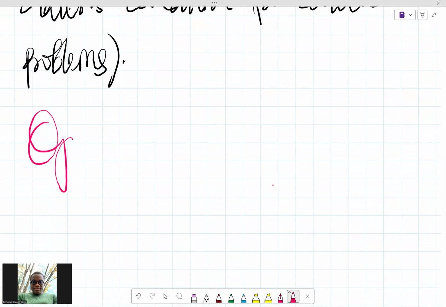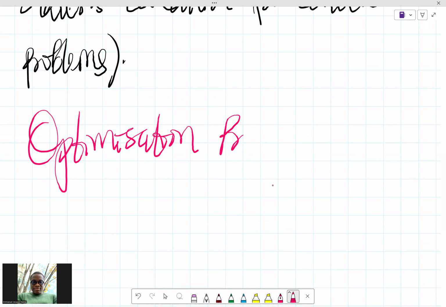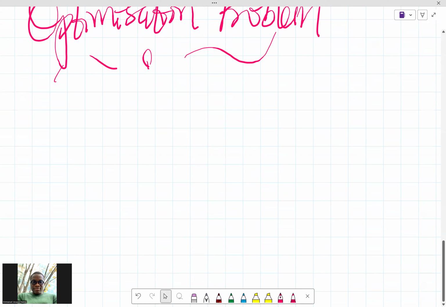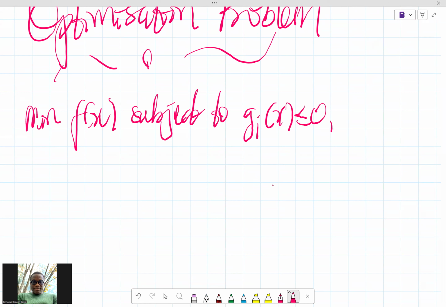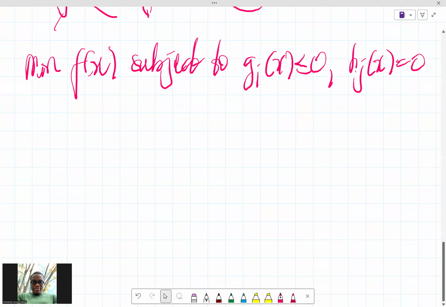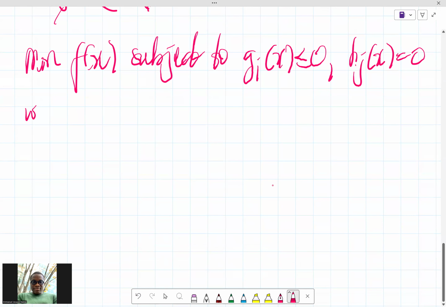So let's talk about the optimization problem in this situation, which we have seen a lot. It is generally to minimize f of x subject to gi of x less than or equal to 0, which are inequality conditions, and hj of x equals 0, which are equality conditions. F of x is the objective function.